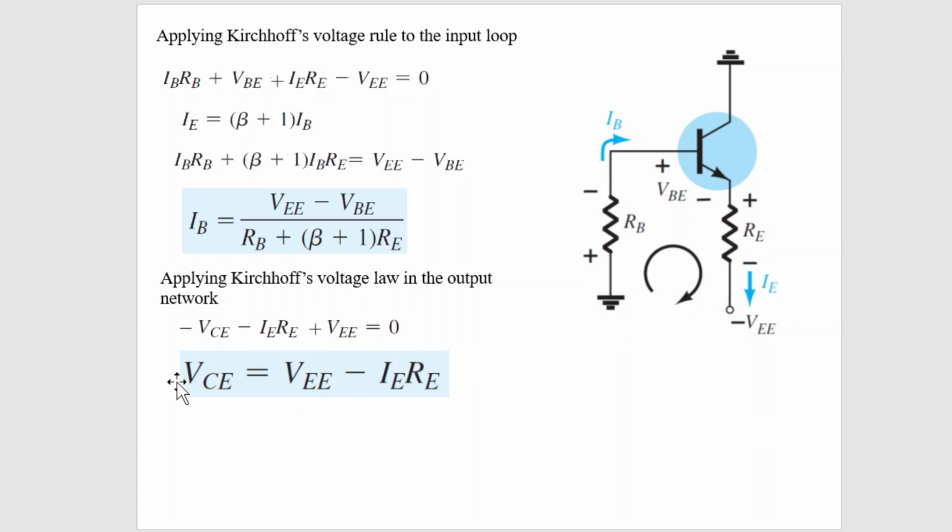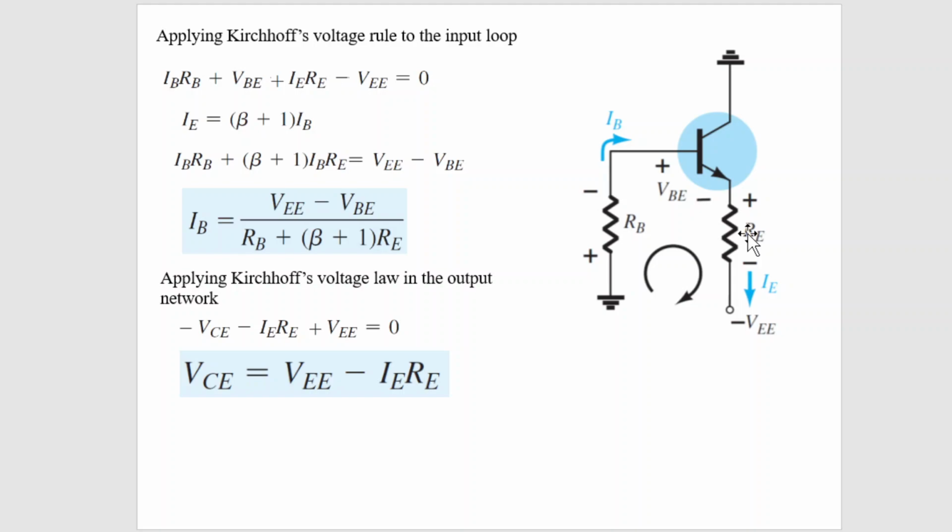If we solve it, we find VCE is equal to VEE minus IE into RE. So this is the collector emitter voltage. This is a very simple technique to find the required variables.